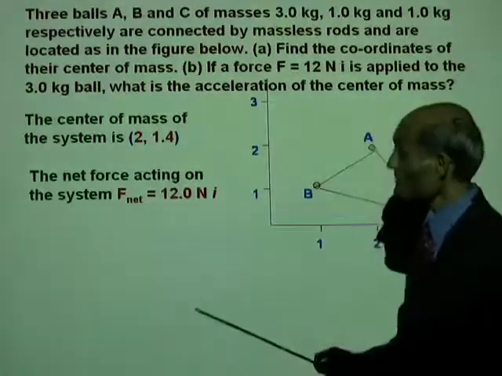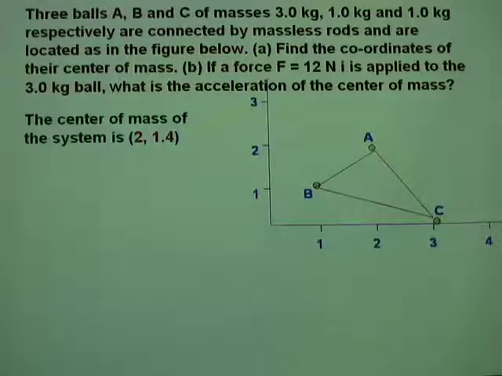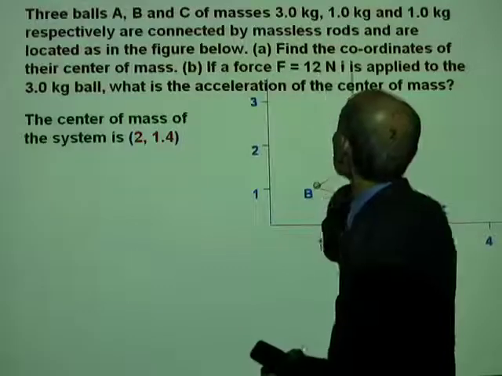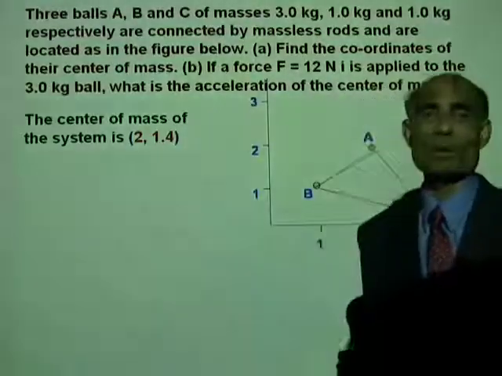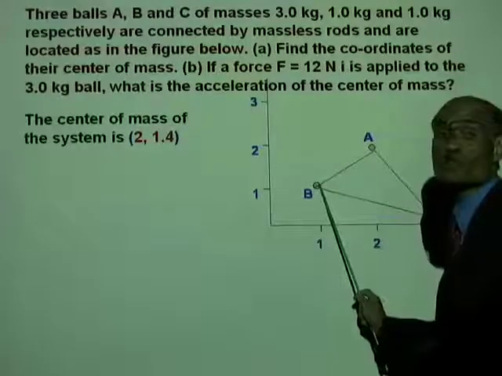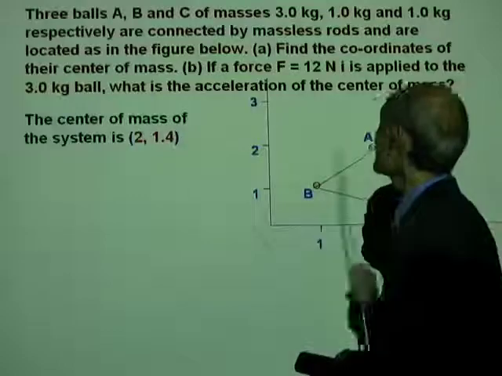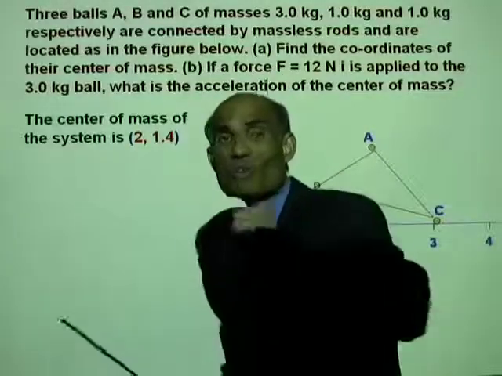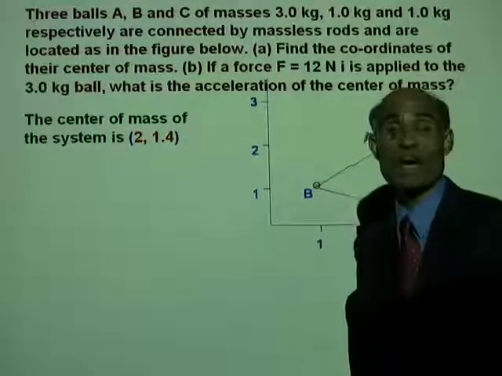And tell me, we have been told that there is a force F equal to 12 Newton applied to the 3 kilogram ball. There is no force on B or C. The 3 kilogram ball at A has a force of 12 Newton acting on it.